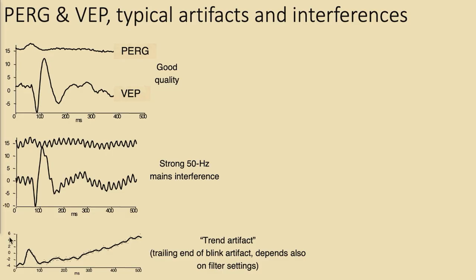Or we capture trailing ends of blink artifacts. So if people do eye blinks, usually we try to eliminate them in the sense that we don't use that kind of segment of the signal where the eye blink occurs, but sometimes it persists a bit and we don't cut it out fully, and then we might have some remaining parts of it in the signal.